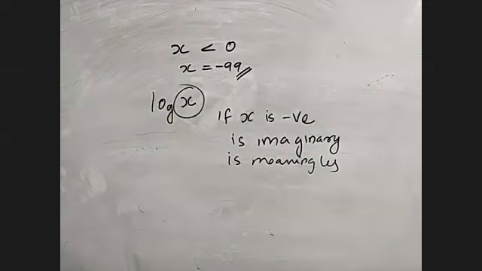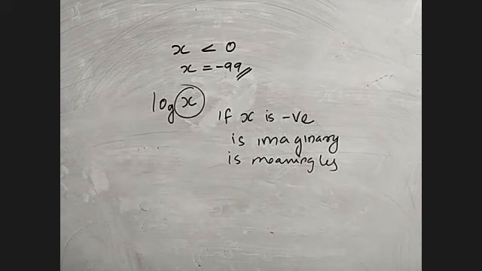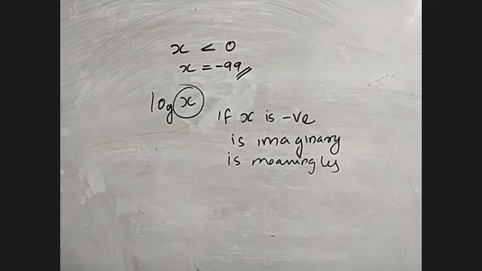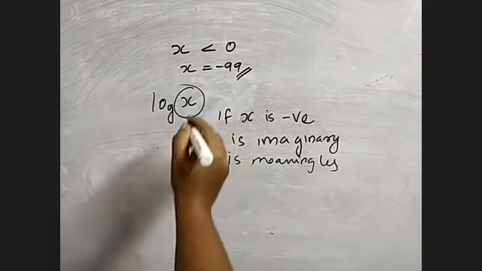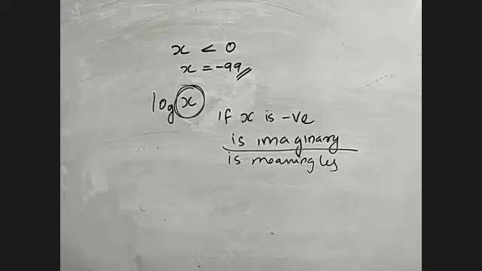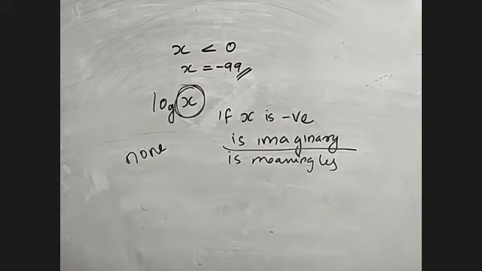If it is less than 0 it means it is imaginary. If it is 0 it means it is meaningless. Okay, so understand, the value we get here must always be positive, otherwise it will go as imaginary. Okay, so we can write the answer as none of the above. None.